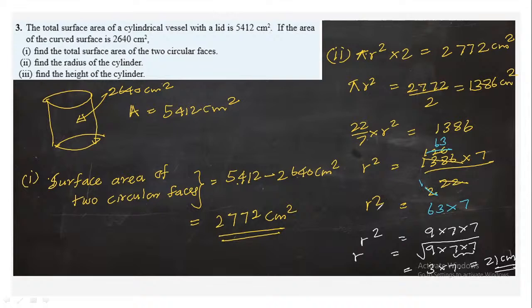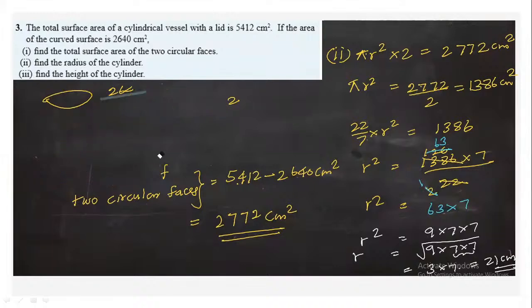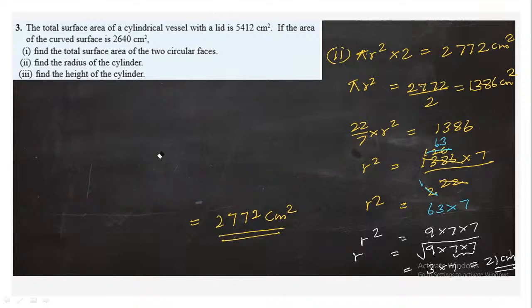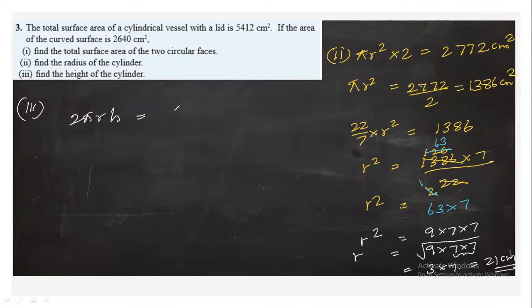Third part, find the height of the cylinder. Right, then I will erase the first part here. We have to find the height of the cylinder. You know the radius, so you can take the curved surface. 2πrh equals 1640 square centimeter.